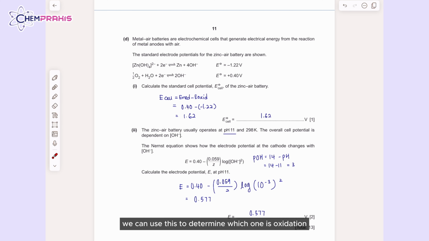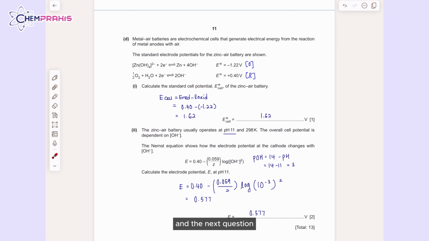We can use this to determine which one is oxidation and which one is reduction. Usually the more negative value will go through oxidation and the more positive value will go through reduction. So we will use the formula E reduction minus E oxidation. We will use 0.4 minus negative 1.22 to get 1.62.